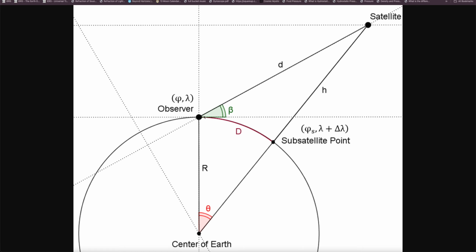Because not only will it have to use a flat plane, because it has to use right angle triangles, but it will also have difficulty finding the distance even over a flat plane. You have to remember, it doesn't know the distance to the sub-satellite point.